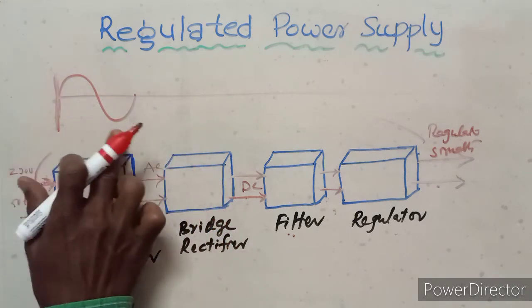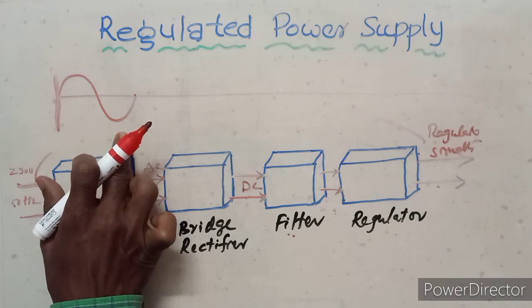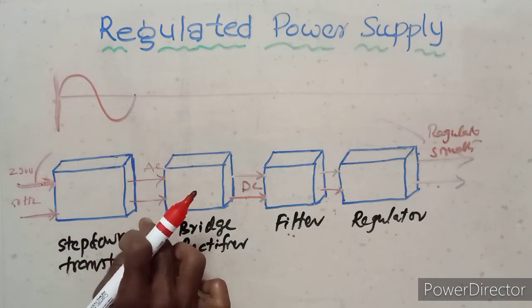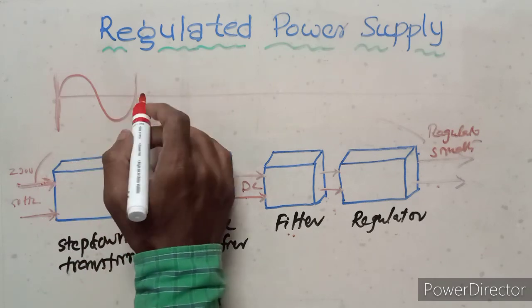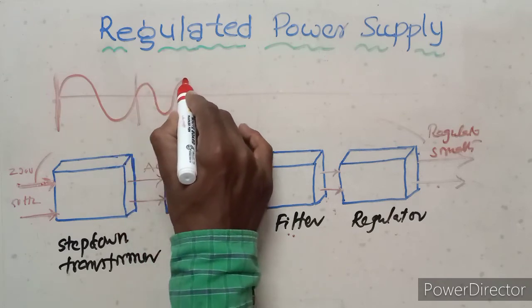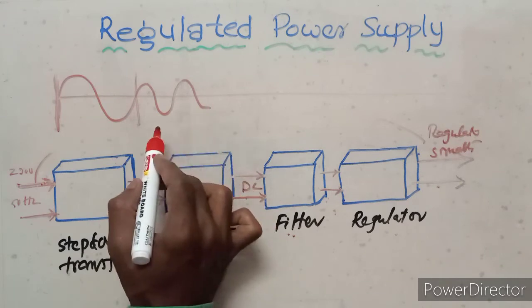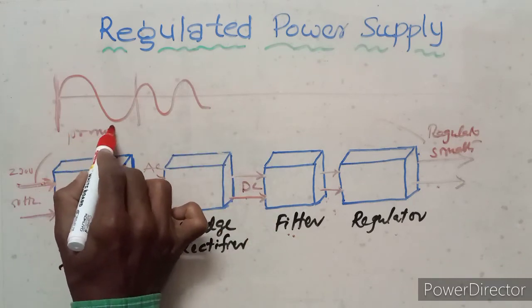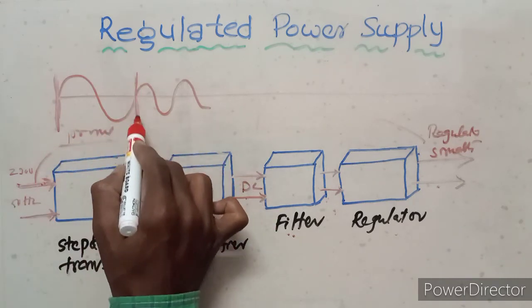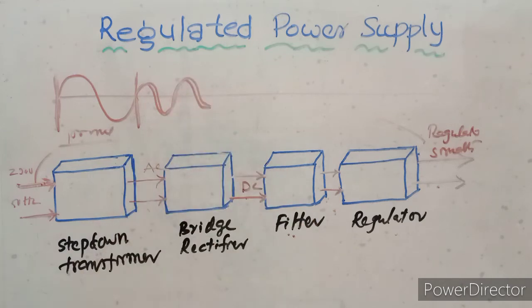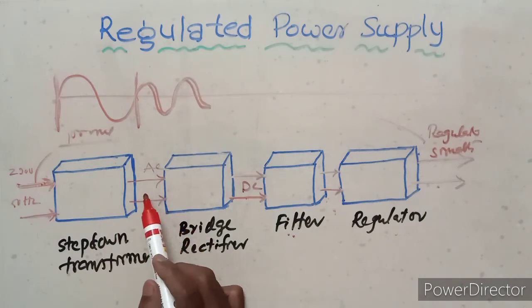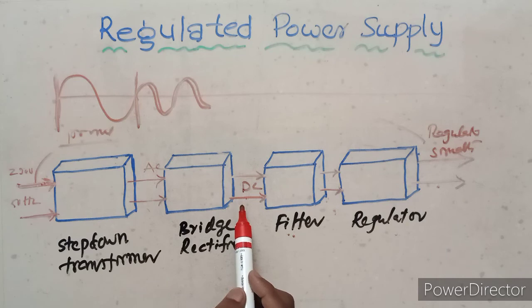Next, this AC power supply is converted into the required voltage. Required voltage means secondary. This is the primary and this is the secondary. Next, this AC voltage is converted into pulsating DC.